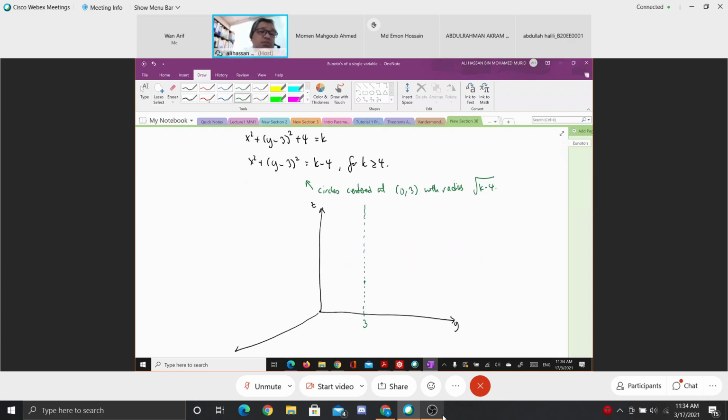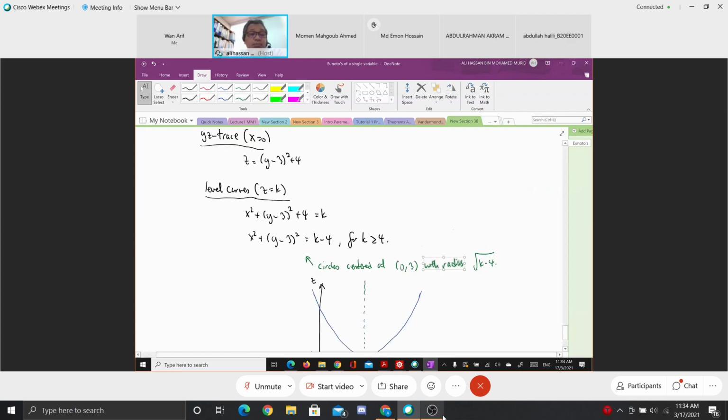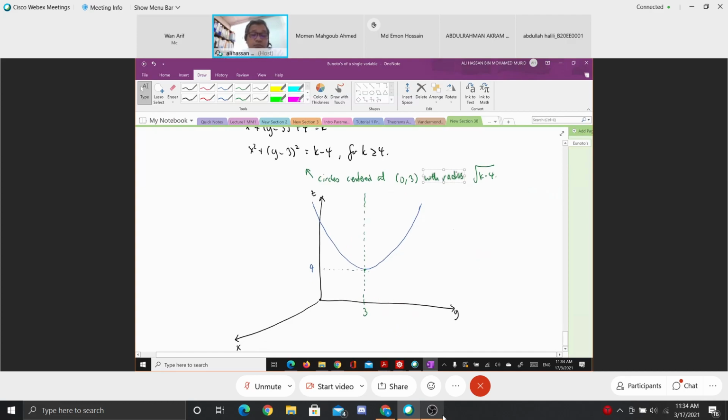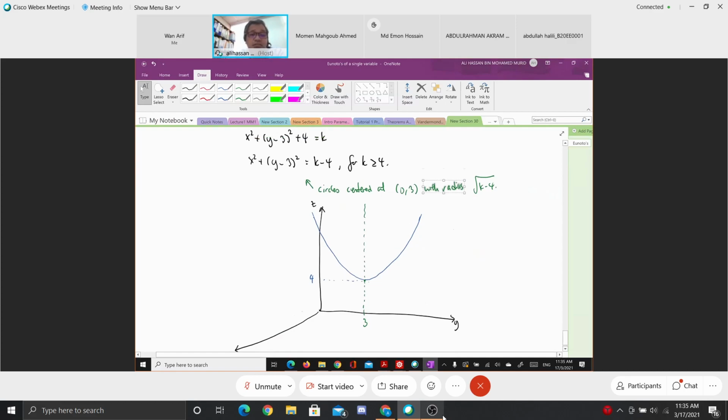So we have something like this on the zy plane. I'm sketching a curve here on the yz plane. This is equal to 4. When x equal to 3, z equal to 4. And the level curves are all circles, isn't it?